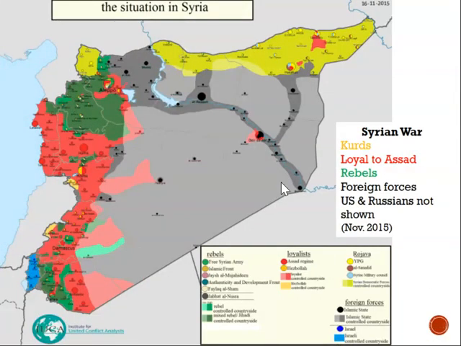Now, if you really want to get complicated, you probably know that there's been fighting in Syria for the past, I guess it's getting close to 15 years, over a decade. And this is very complicated. This map shows you that. I just want to say a few things about it.